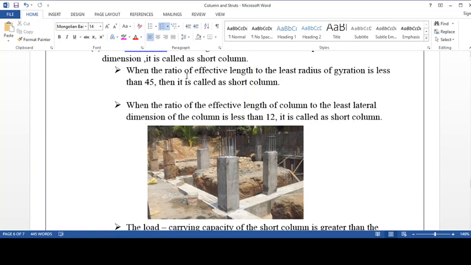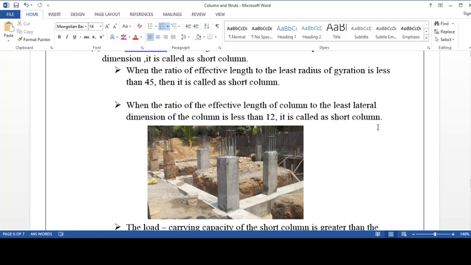When the ratio of effective length to the least radius of gyration is less than 45, then the column is called a short column. Same thing, when the ratio of effective length of the column to the least lateral dimension is less than 12, it is called a short column.